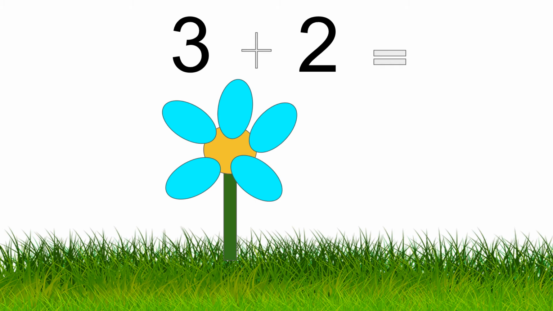We added 2 more flower petals. Now let's count how much we have all together to figure out what 3 plus 2 is. Let's count. 1, 2, 3, 4, 5. 3 plus 2 equals 5.